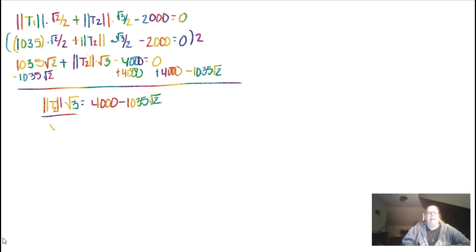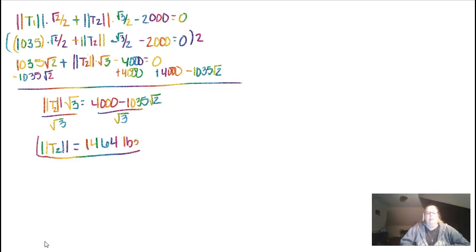And then to solve for its magnitude, we're just going to divide by that radical there. And let's put this in the calculator and see what we get. And if we are rounding to the nearest whole number, this gives me 1,464 pounds. And so there is my second weight.